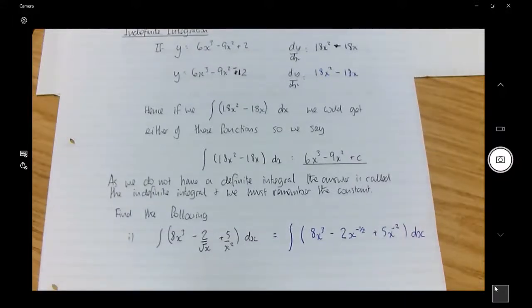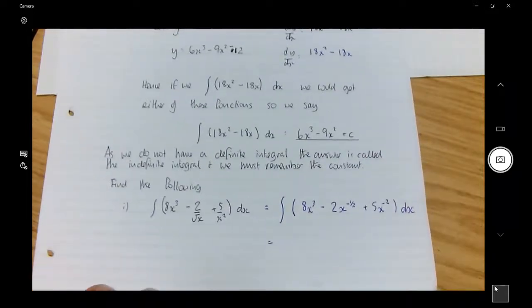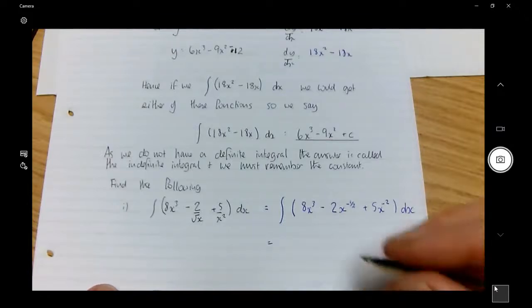A lot of people then get halfway through and start differentiating. So we've now got, and the trick is, just calm down a bit and put an extra line in.